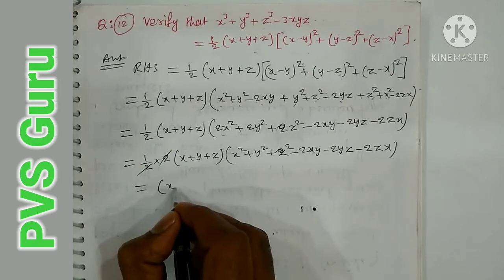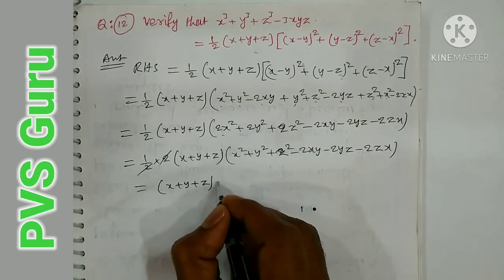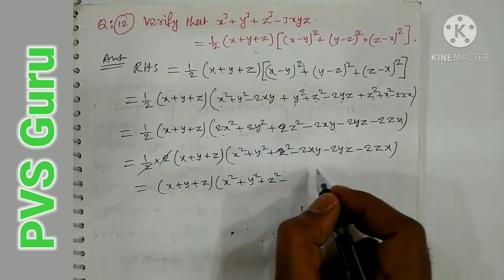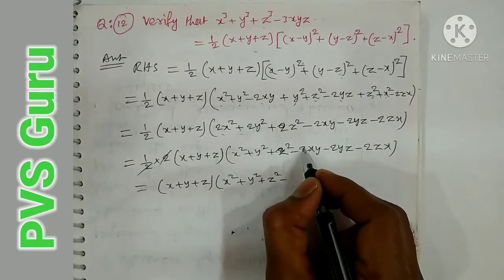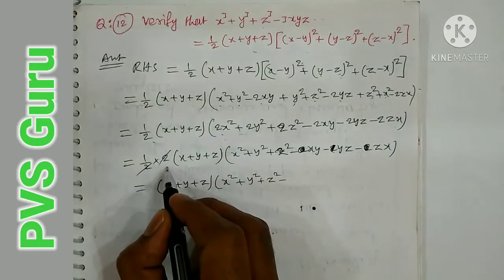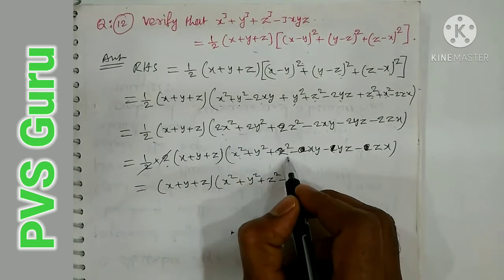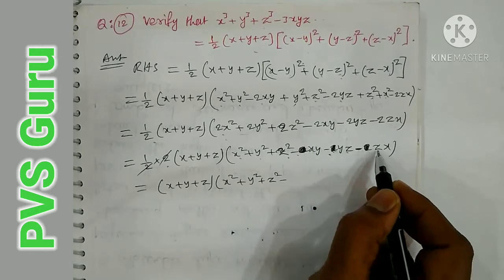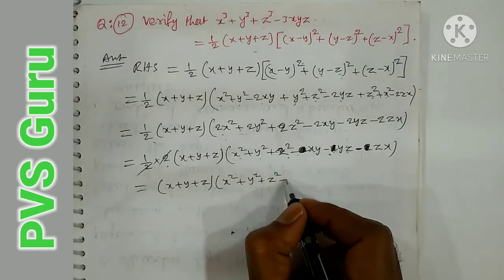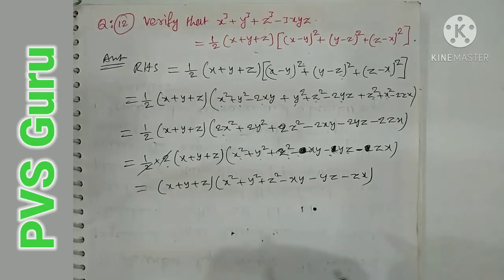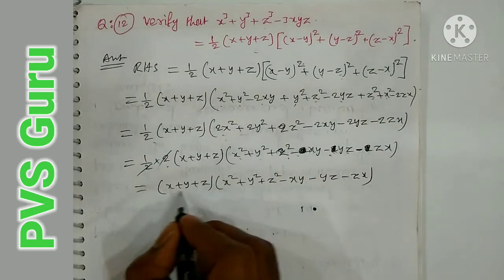So the remaining is x plus y plus z into x square plus y square plus z square minus xy minus yz minus zx. This is equal to identity 8.